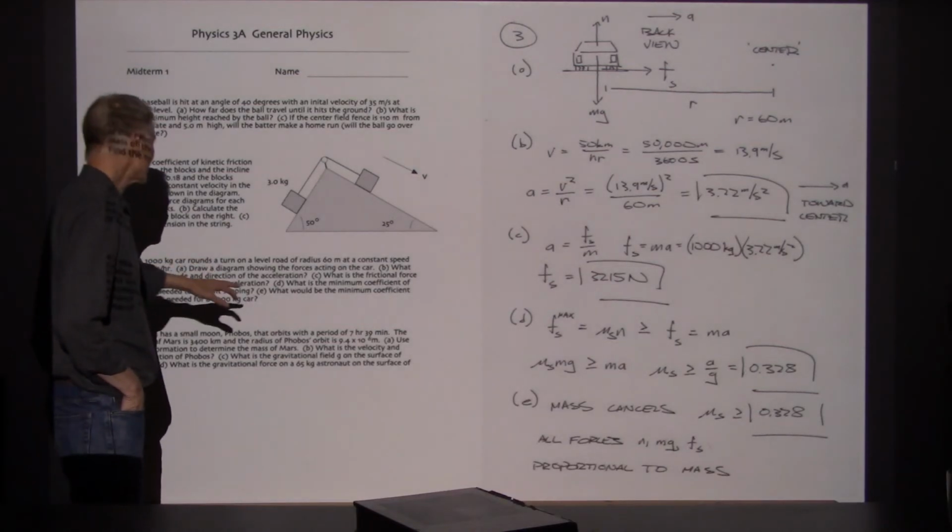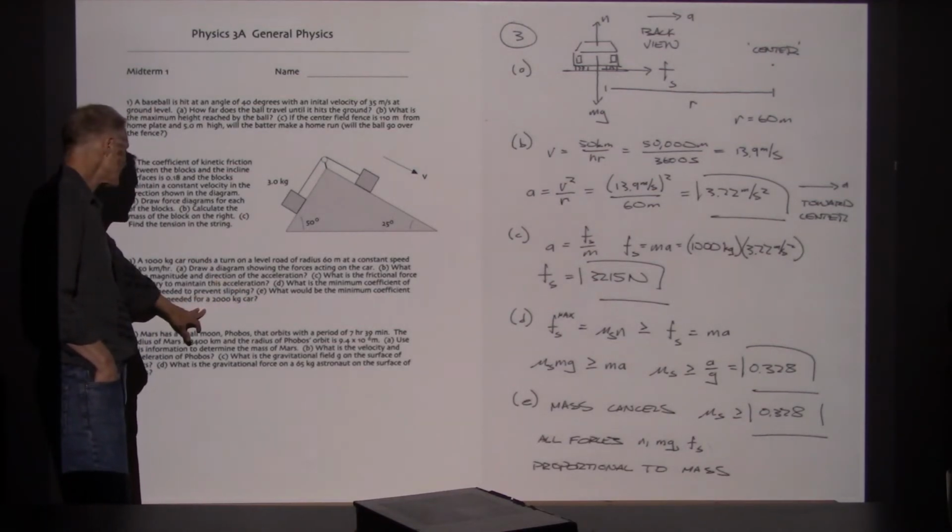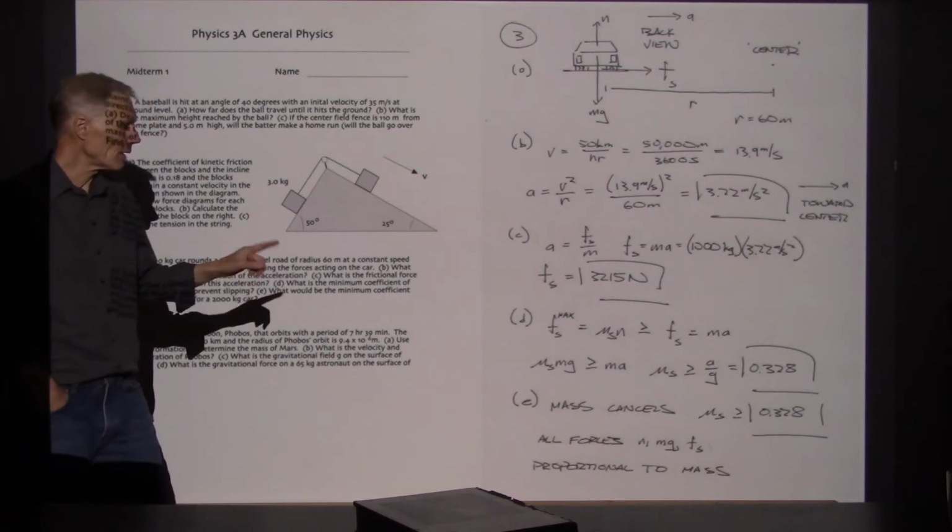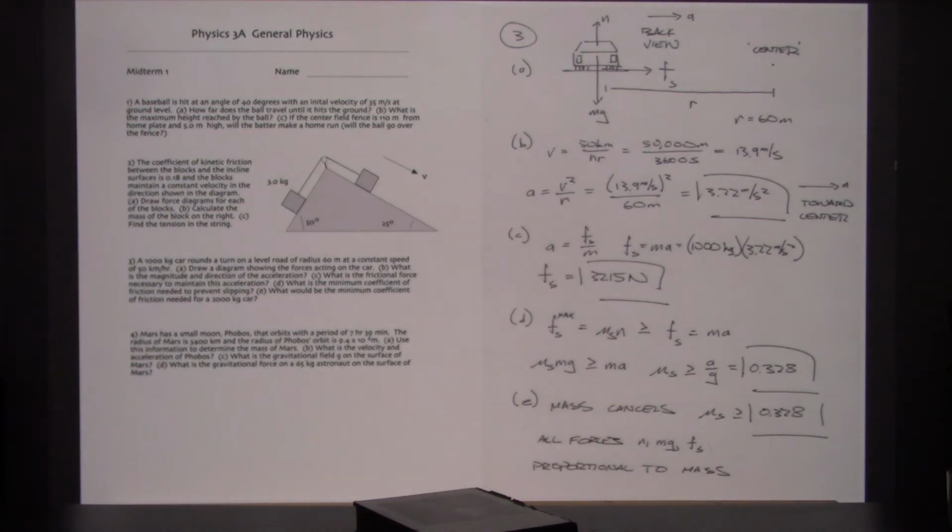And then in part E, it asks what happens if we use a 2,000 kilogram car. That was our previous discussion: as the mass goes up, all the forces go up proportionally. So at twice the mass, I'll have twice the gravitational force, twice the normal force, and that allows for twice as much static friction.